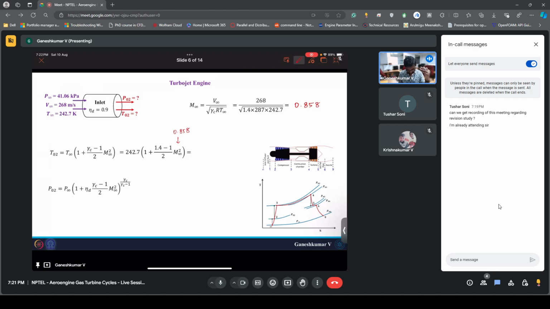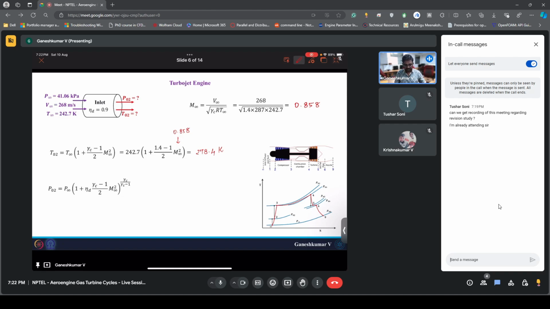How much would that be? T infinity, if you try to calculate it, might come around 278.4 Kelvin.